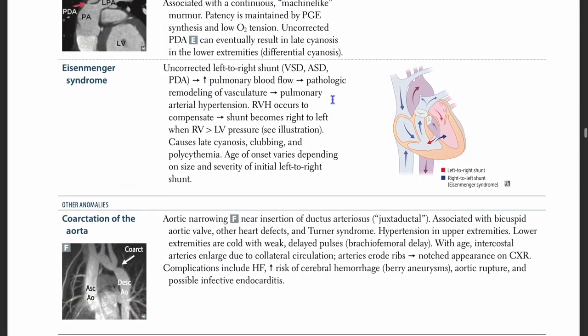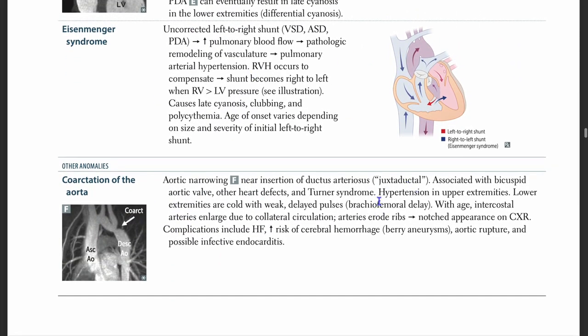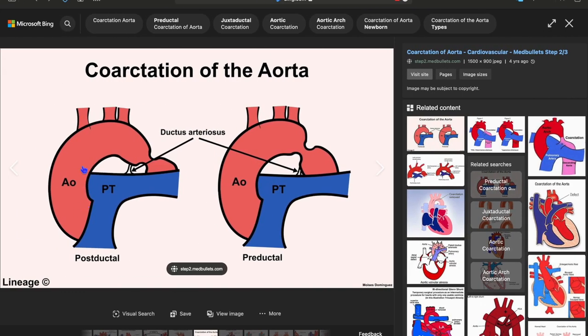Okay. So where was I? Right. So hypertension in upper extremities. Why do we get that? It's because the upper limb is supplied by these arteries up here, right? So you have 120 mmHg of pressure coming in, and it's getting pushed into these arteries, right? And you have 120, and these are smaller arteries, so you're going to have more pressure in there compared to these, right?